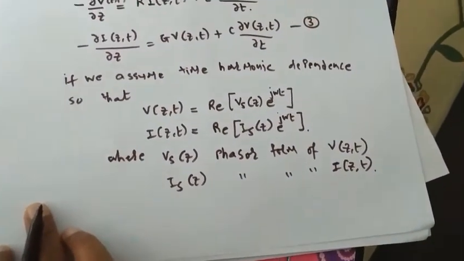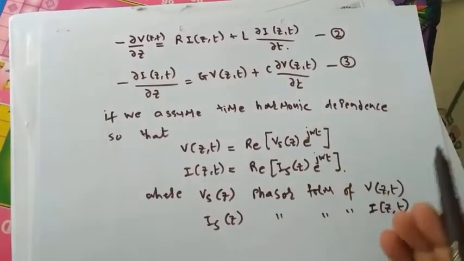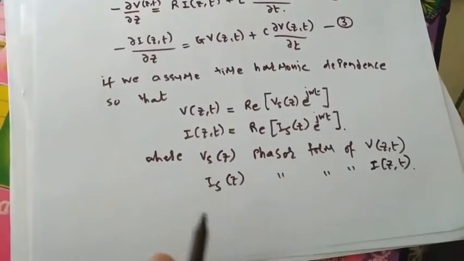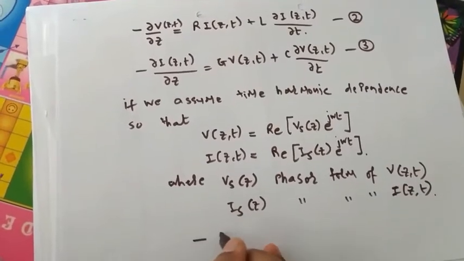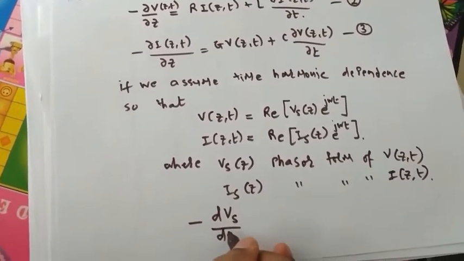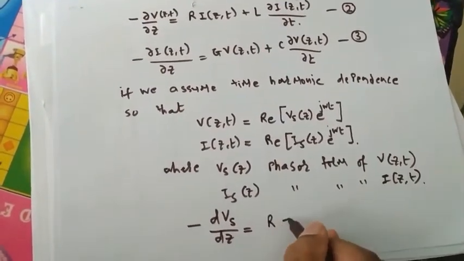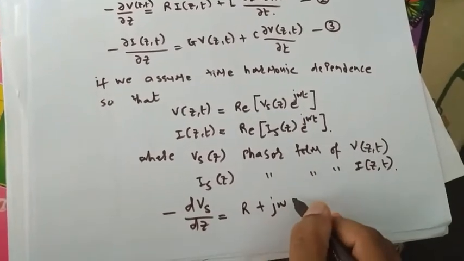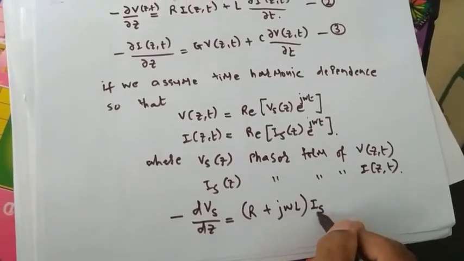So the same equations, which were earlier 2 and 3, now in terms of the phasor expressions I can express as minus dVs over dz equal to (R plus j omega L) Is.